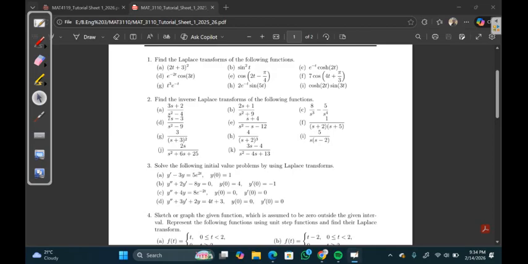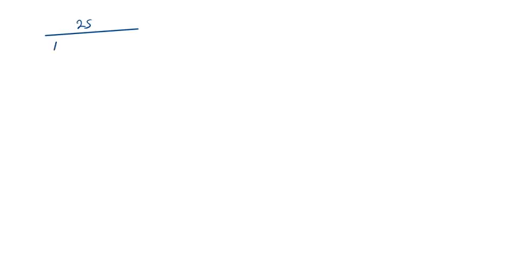So you have 2s divided by s squared plus 6s plus 25. I hope I've picked the right one. Here, are we able to factorize the denominator? I don't think so.